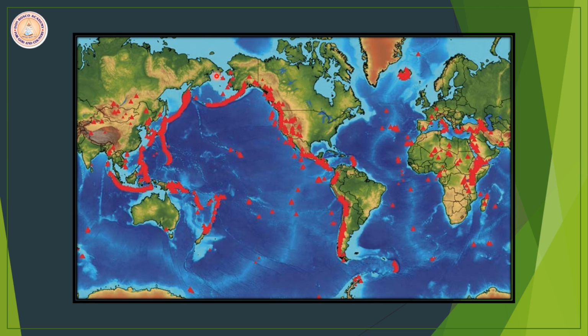Most of them are concentrated in the Pacific Ring of Fire. You can see this is the Pacific Ocean, and most of the active volcanoes are found in this part of the earth.